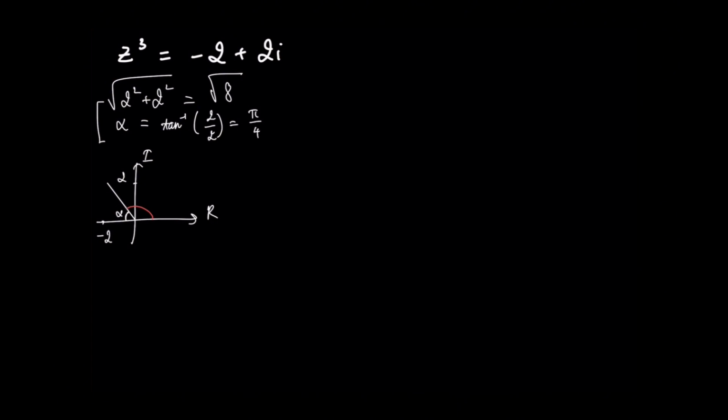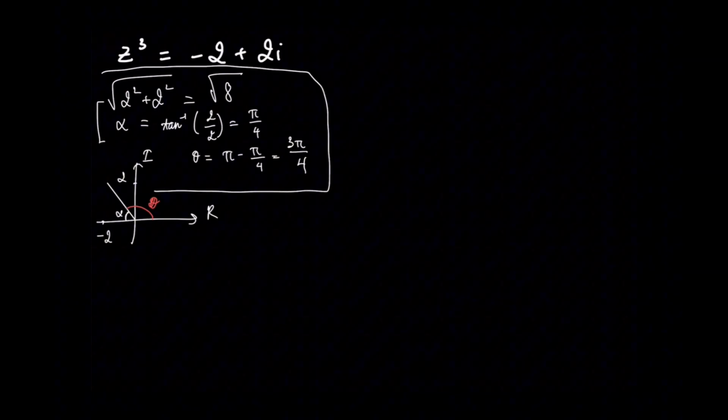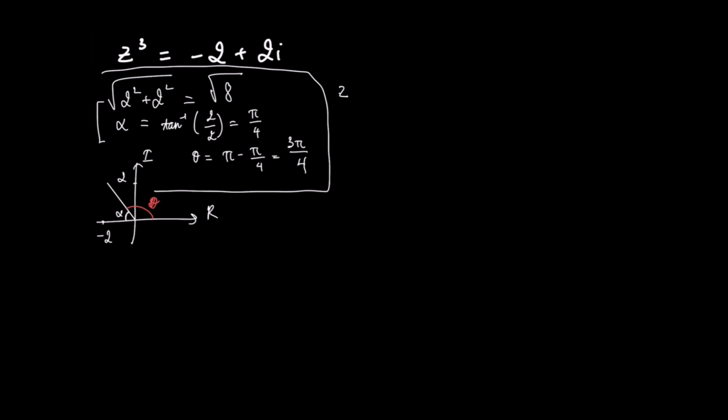And to calculate the argument, which we'll call theta, we'll have theta equal to pi minus pi over 4, which is equal to 3 pi over 4. And so we have z to the power of 3 equal to the square root of 8 times cis of 3 pi over 4 plus k 2 pi.